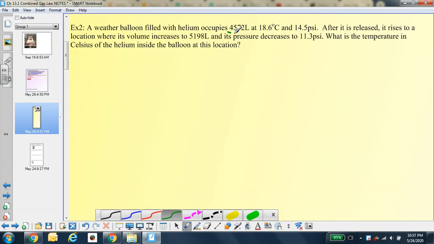Well, we have a lot of information here. So here's our initial information: volume, temperature, and pressure.